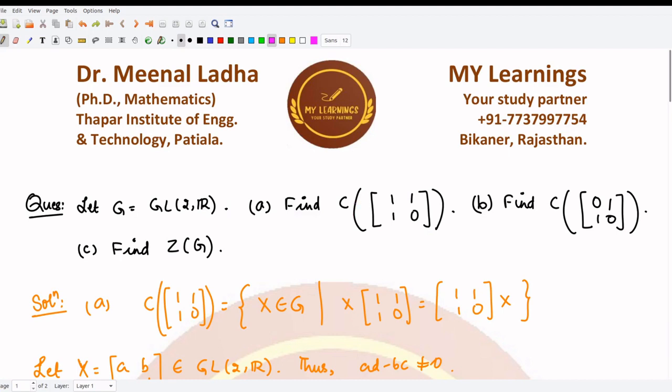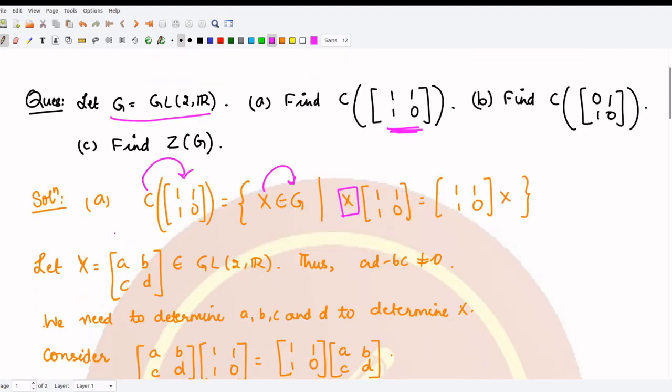Correct? So for that we start with this set, the centralizer of this element. It would consist of all the matrices taken from our group G such that they commute with this element, the matrix 1 1 1 0. So now we assume X consists of 4 elements A, B, C and D, where A, B, C and D are all real numbers such that the determinant is non-zero, correct.